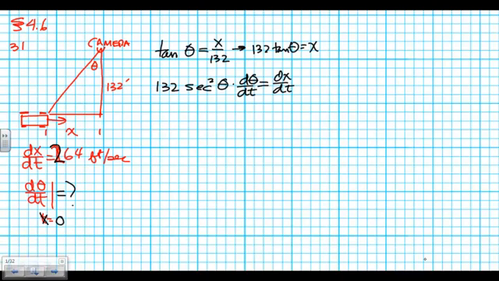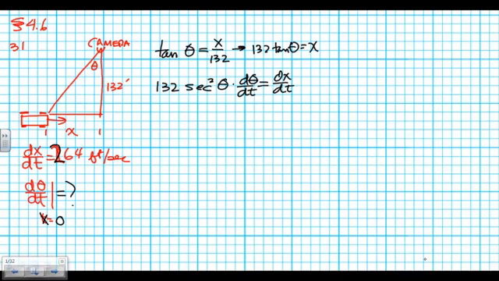Interesting. It looks like the x doesn't matter. But that won't match my answer. Oh, okay, the x value won't matter, but the theta will.